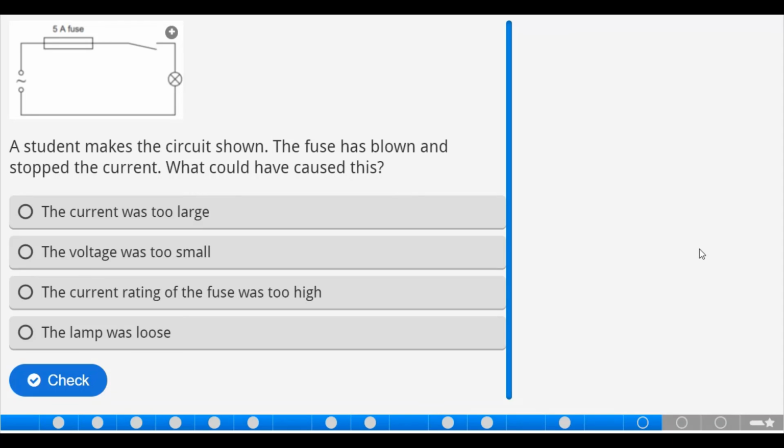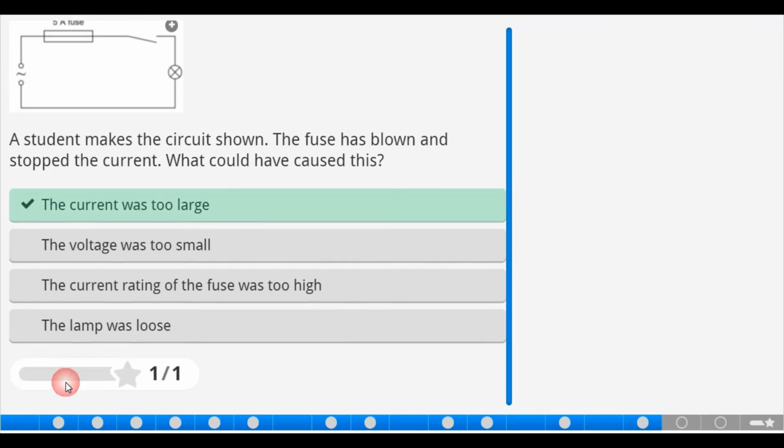Now, a fuse will always blow when the current is too large. That means by the time the current is large, the voltage might be small or big depending on the appliance in question. So normally the voltage will have been too large. Let's check. That is it.